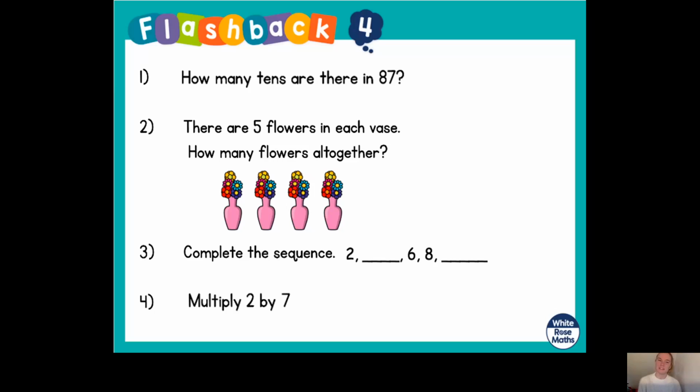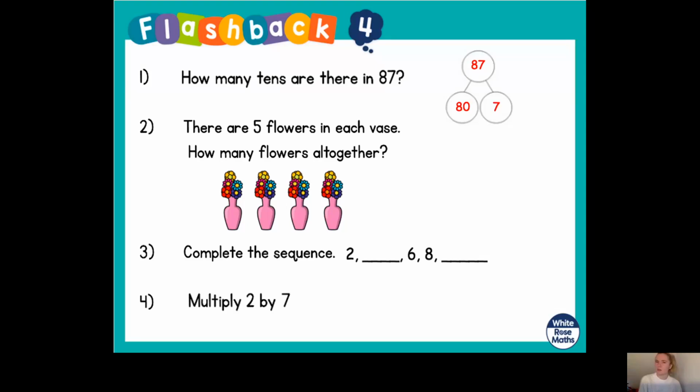Okay, Year 2, so let's see how you got on. Number 1, how many 10s are there in 87? Well, to partition our number, we are going to use a part whole. And we're going to put our whole at the top, so 87, and then we can partition the number into 80. And so we can see there that 87 has 7 1s. Then in the other part, we have 80.